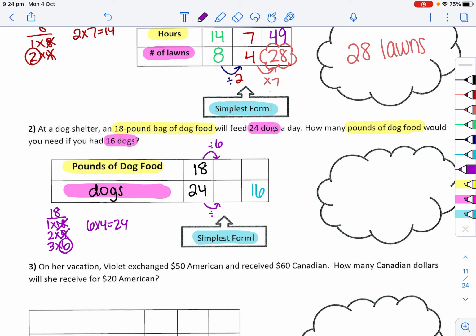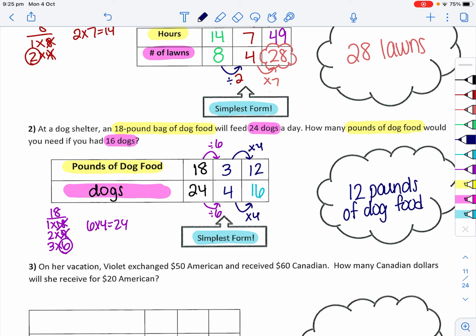So I'm going to divide by 6 on both the top and the bottom, and I get 3 and 4. And then I can go from 4 to 16 by multiplying by 4. And 3 times 4 is 12. So 12 pounds of dog food. Again, going backward and then forward.